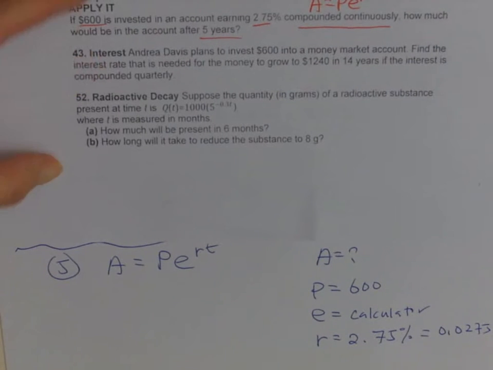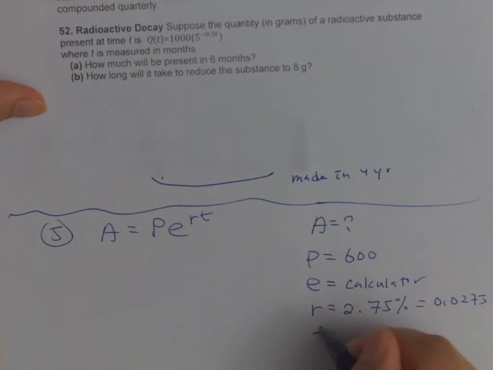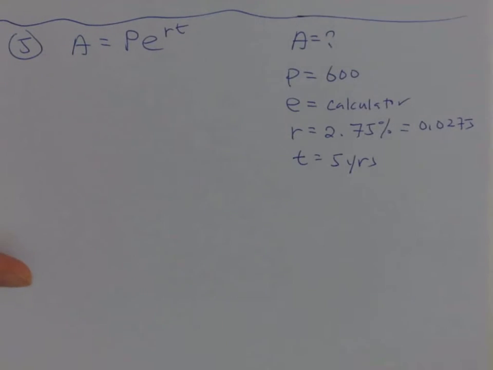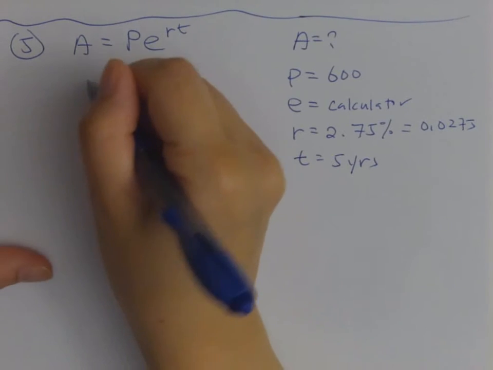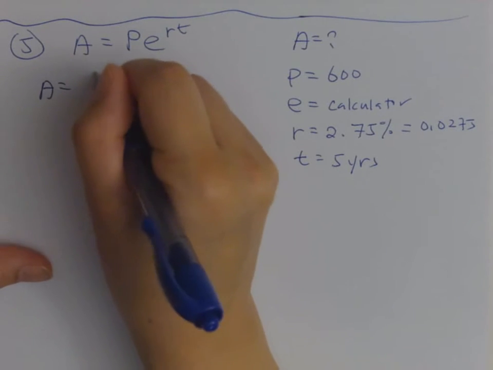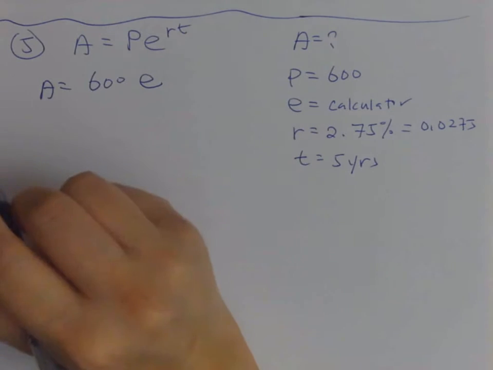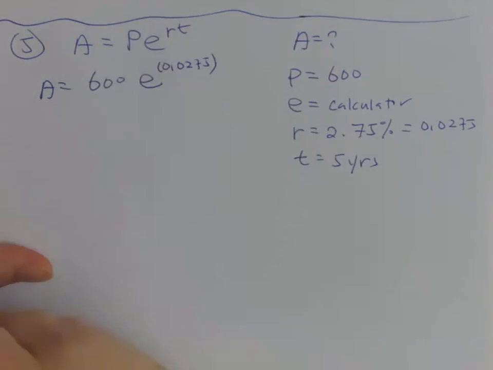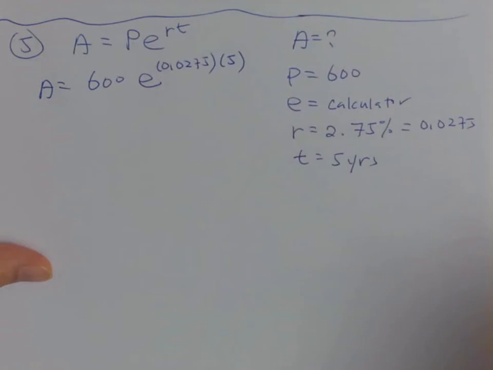And t is 5 years. After we have all this information, we can plug into the formula. A equals 600 times e to the power of 0.0275 times 5 years, okay?